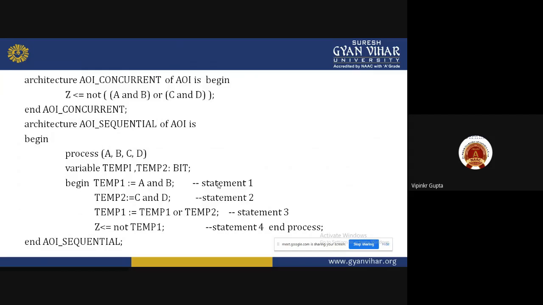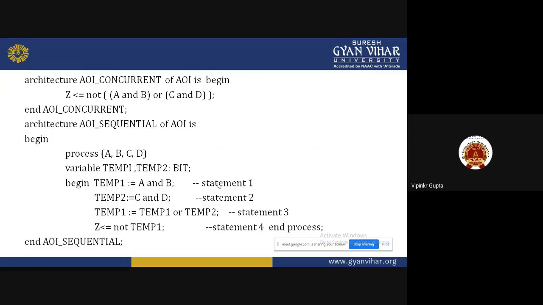Now the next example: architecture AOI_sequential of AOI. AOI_sequential is the architecture name. Begin. Process with A, B, C, D, then variables temp1 and temp2. So here we are using temporary variables in the program. Begin.